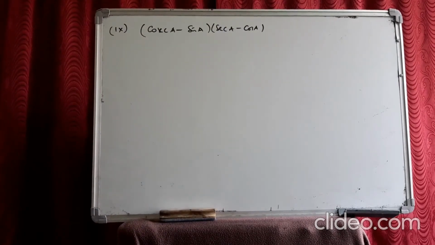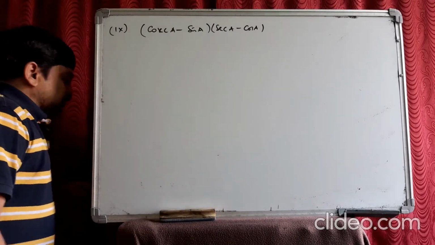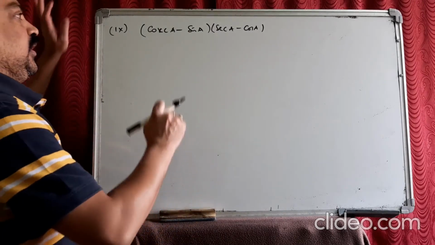So this question 9, it is given like this. The answer is 1 by tan plus cot. Okay, 1 by tan plus cot.